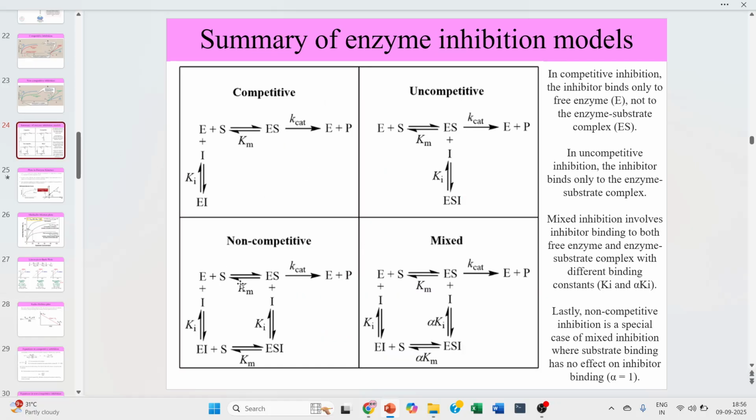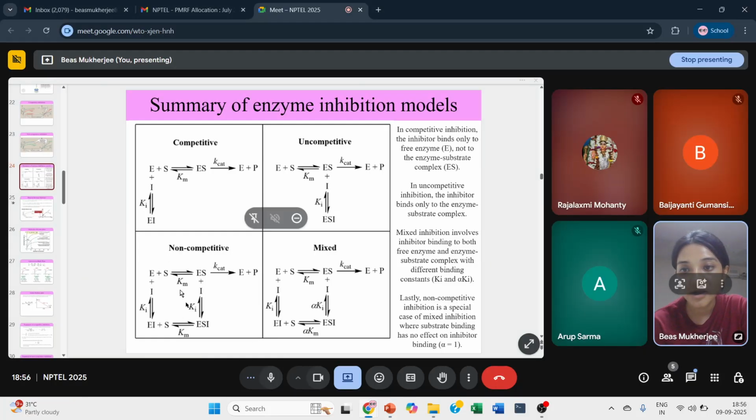So this is what is happening in non-competitive inhibition, right? So E plus S, and in non-competitive inhibition, it's a special case of mixed inhibition where substrate binding has no effect on the inhibitor binding.